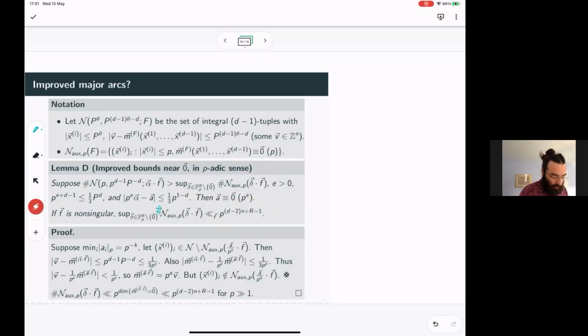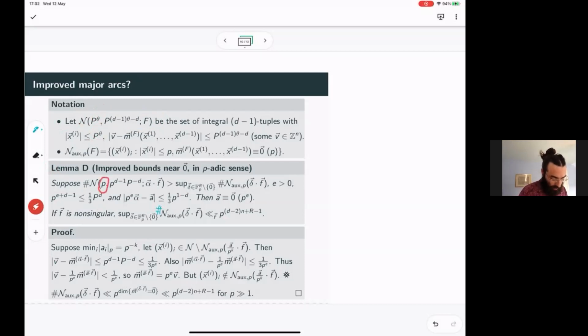Something that I've glossed over here is that in the definition of our counting function that comes out of Weyl differencing, we have this capital P to the theta with this parameter that we got to choose, which is the size of our variables. In this lemma, we don't really get to choose that anymore.